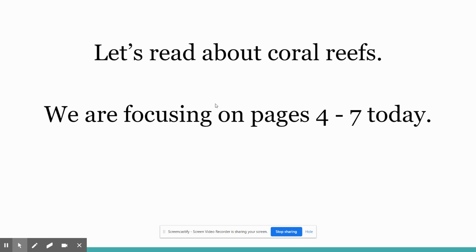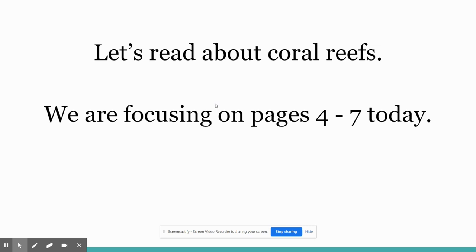In the first photo, we have on the left side of the photo a sea fan, which is a type of soft coral. And on the right side of that same photo, you can see kind of on the side, right along the right side, a brain coral, which is a type of stony or hard coral.